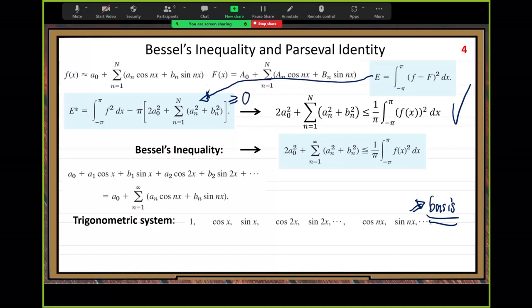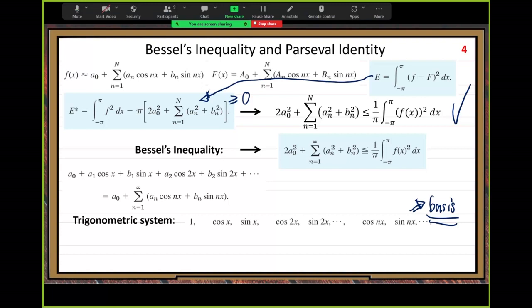Otherwise you cannot call it a basis. If you have one special function you cannot represent, then this set of functions cannot be called a basis. A basis has to cover all the possible functions.